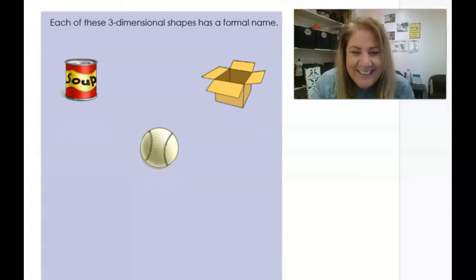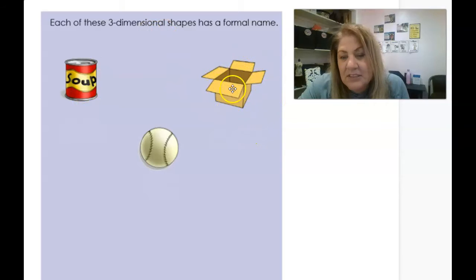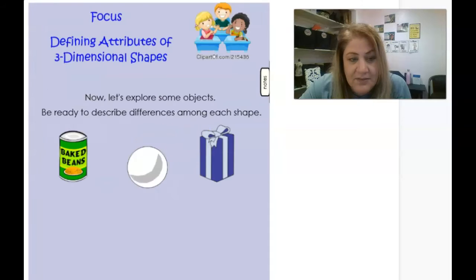Let me switch us to this. So each of these three-dimensional shapes has a formal name, which we just talked about, didn't we? We talked about the cylinder, and they called this a rectangular prism, and of course, the sphere.